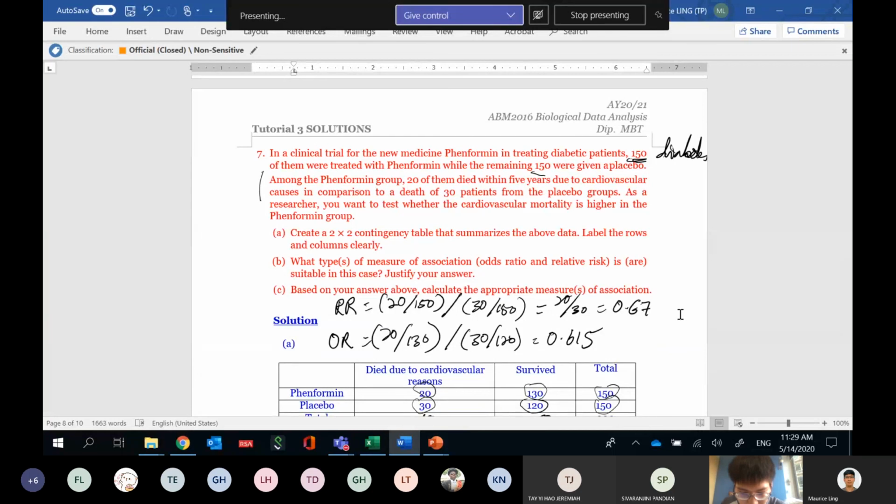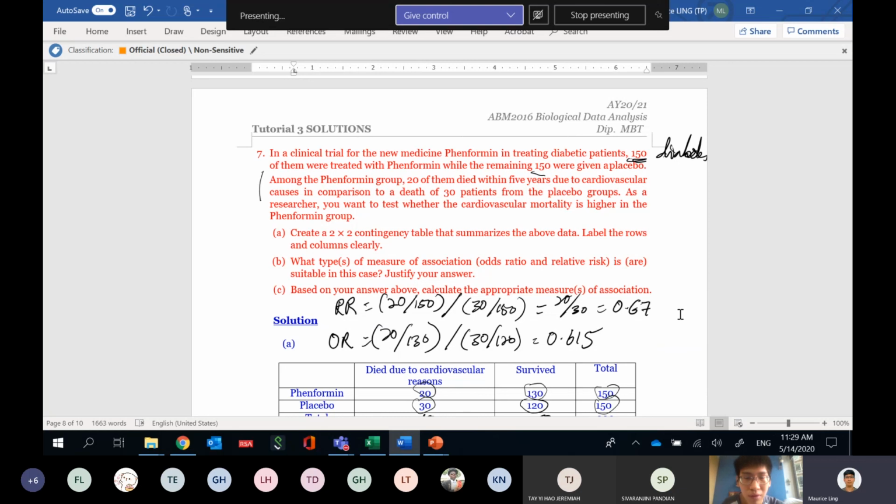Because question 7 of the tutorial is actually question 8 about the phase 3 clinical trial. So this question is not in your tutorial? No, sir. Okay, so it doesn't matter. If you know how to calculate, then that's fine.